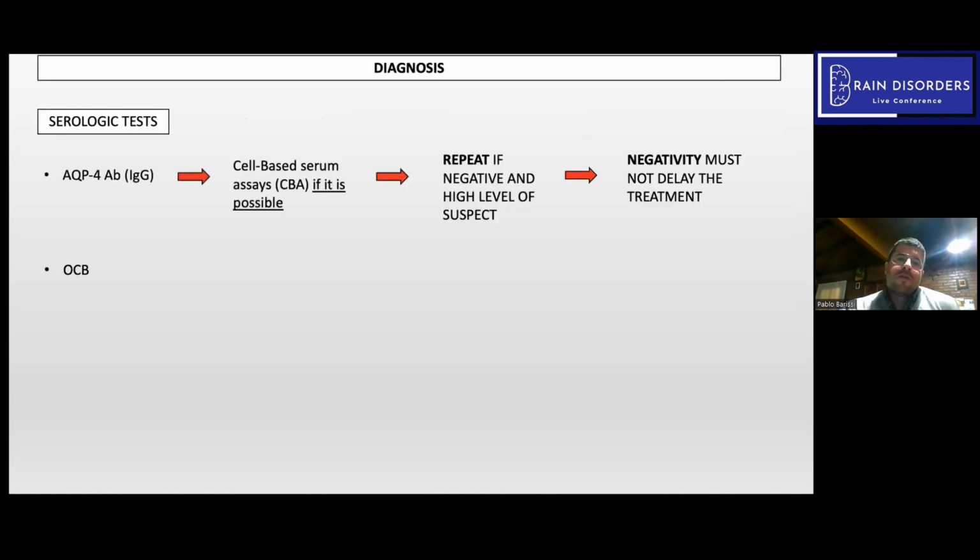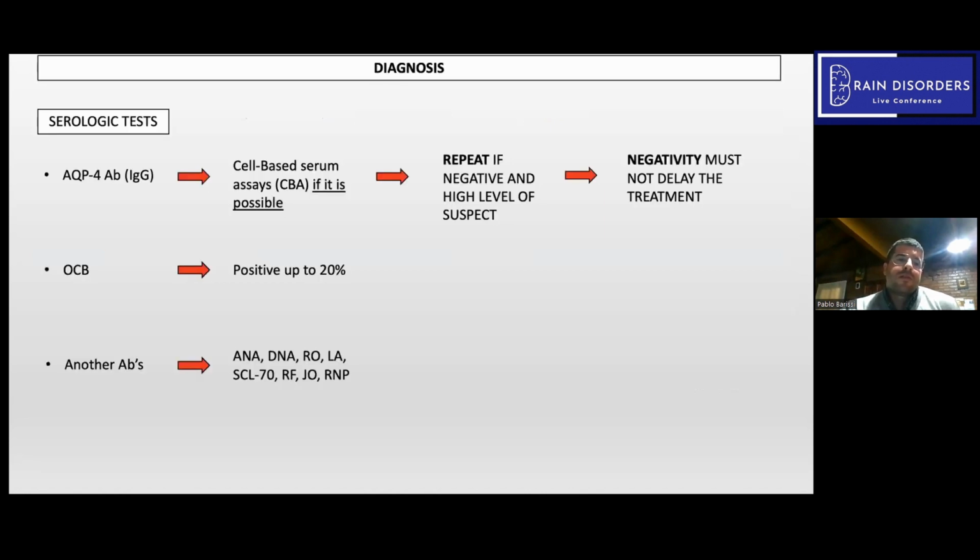So the other part of the diagnosis is the serologic test. The aquaporin-4 antibody is an IgG. If we had the necessary equipment, we could measure it by cell-based serum assays. But if not, the sensitivity is much lower.